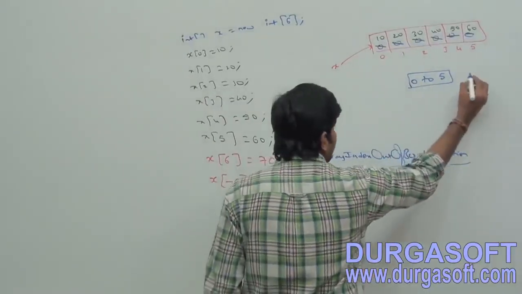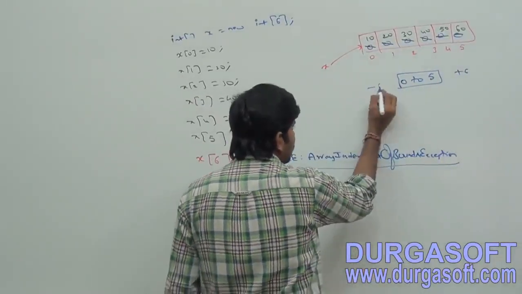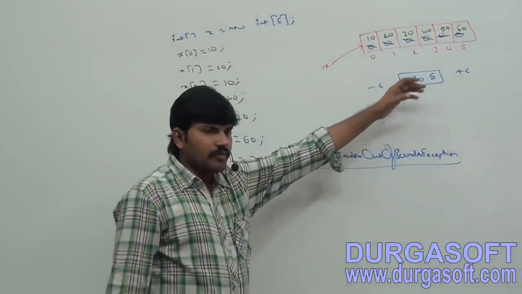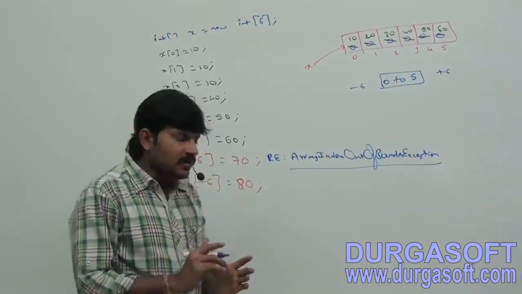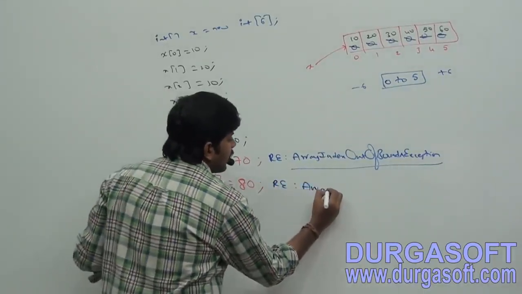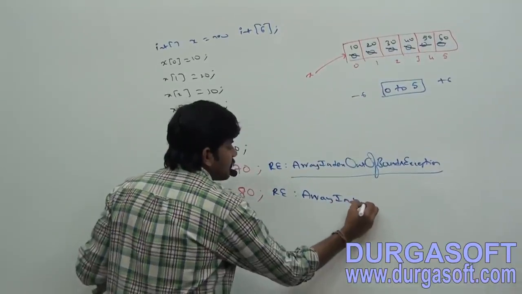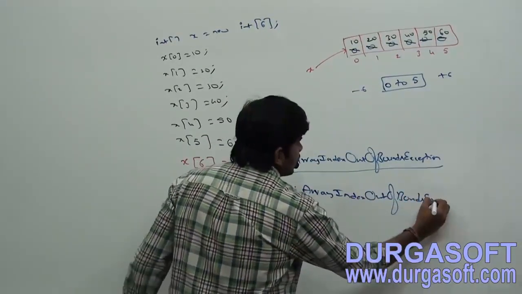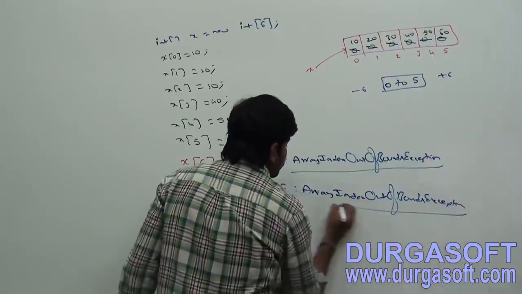The actual valid range is 0 to 5. Either plus 6 or minus 6 is out of range. That's why we get the same exception, array index out of bounds exception.